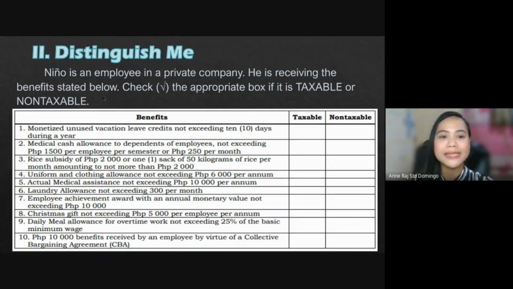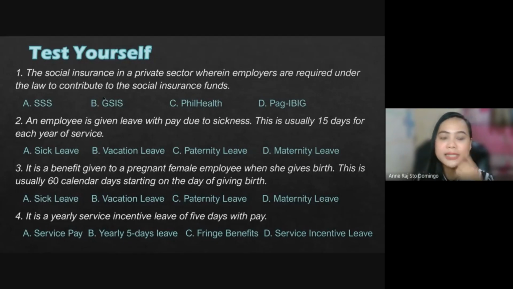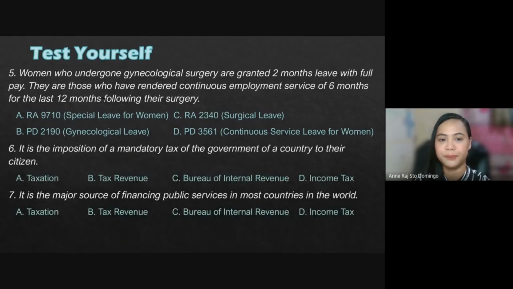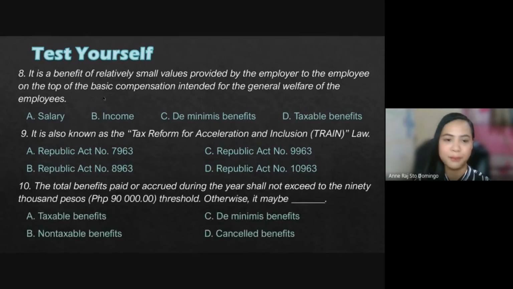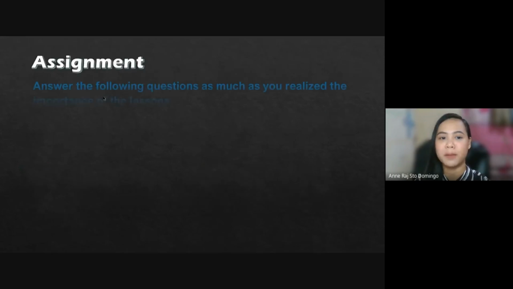For your assessment, please answer this in your notebook. These 10 questions, which are also written in your module, and submit your answers to your Google Drive folder. Also, do not forget your assignment, which is for your reflection.